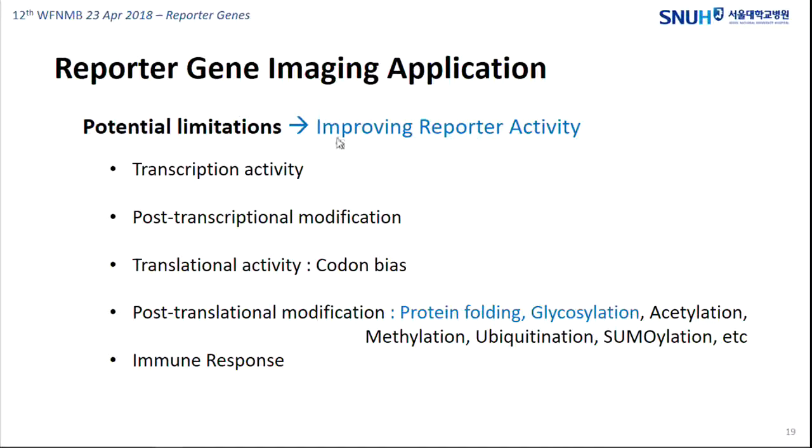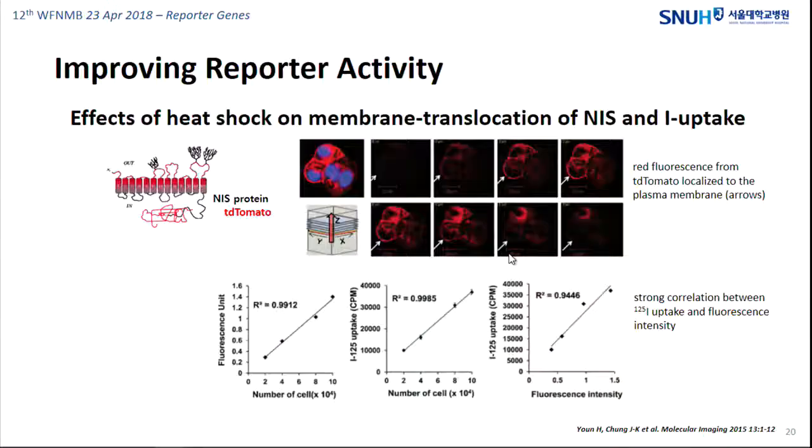Another thing in this imaging application is protein folding and glycosylation, those kinds of post-translational modification. We focus on how to use that and how to improve the reporter activity. We thought that this is a membrane protein, and membrane integration is really important for its function.